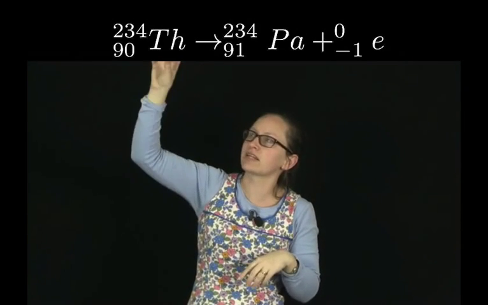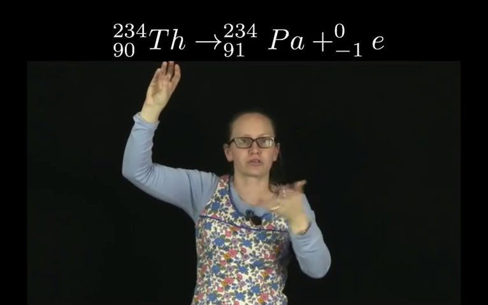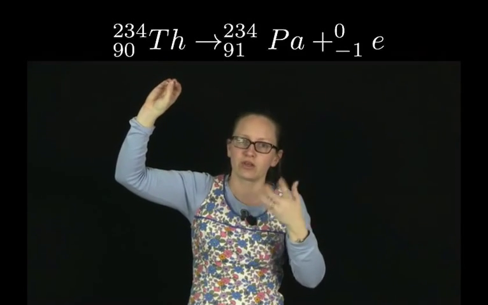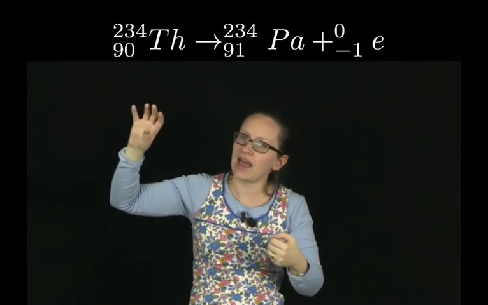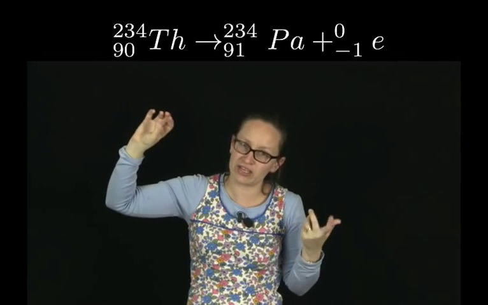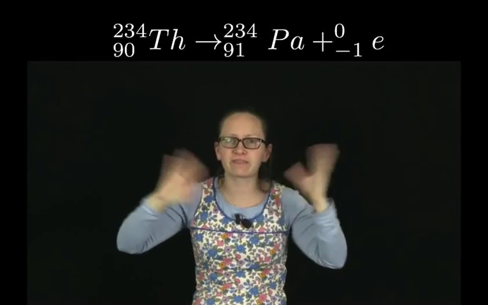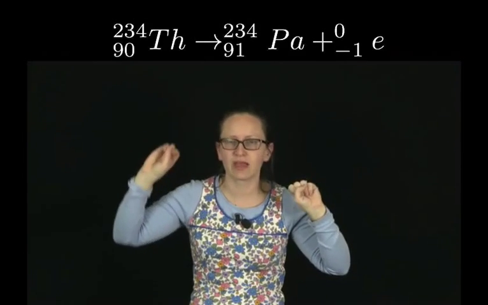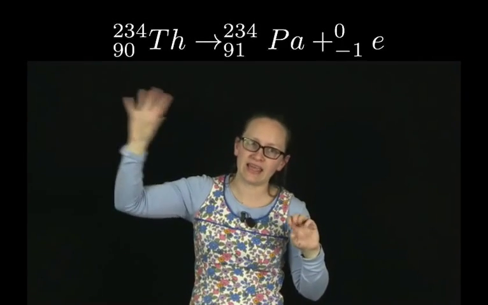It has the symbol with 0 nucleons, because there are no protons or neutrons there, and the atomic number is actually minus 1, because it's like removing a proton, and the symbol is e.